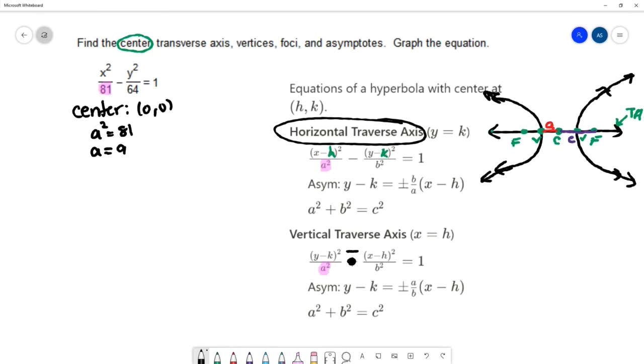So I know that if I move to the left and to the right of my center, I'm going to get to my vertices. So I'm going to have vertices at (-9, 0) and (9, 0), because I found that value of a.